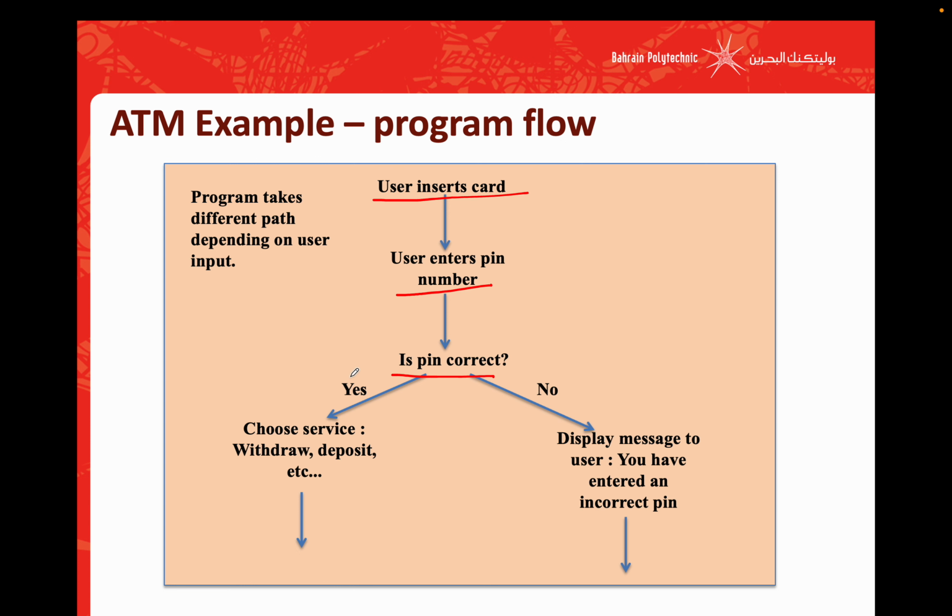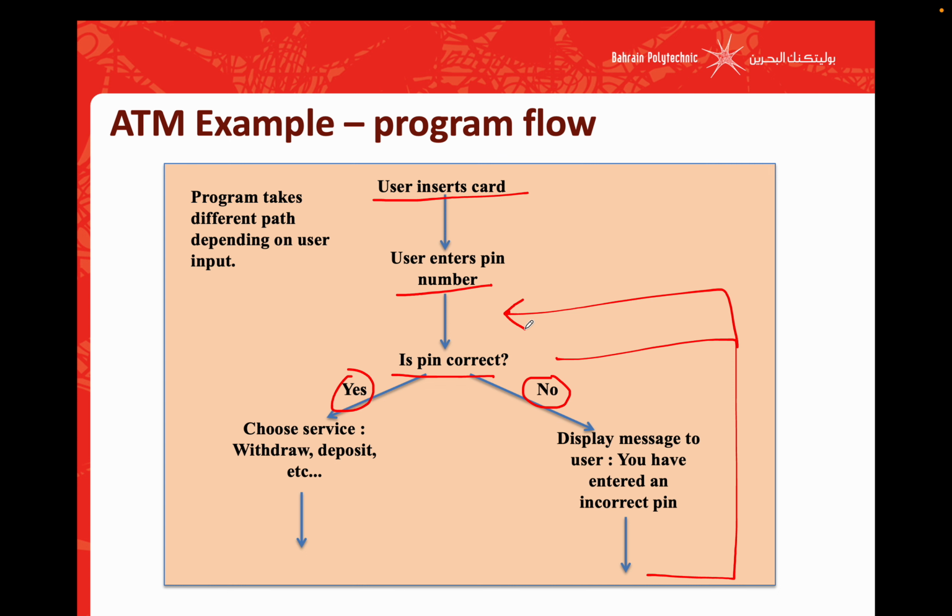If the PIN number was correct, it would show the services and the user will choose from the available services. If it was incorrect, in that case, we display the message, you have entered an incorrect PIN. And in most realistic cases, it would eventually go back to requesting the PIN again.